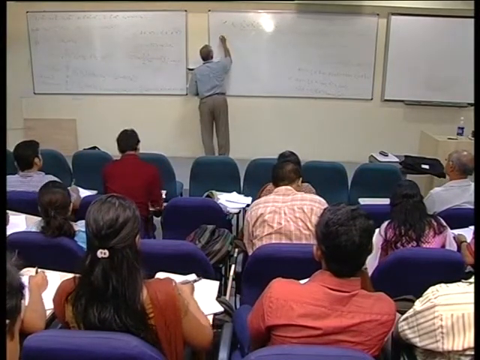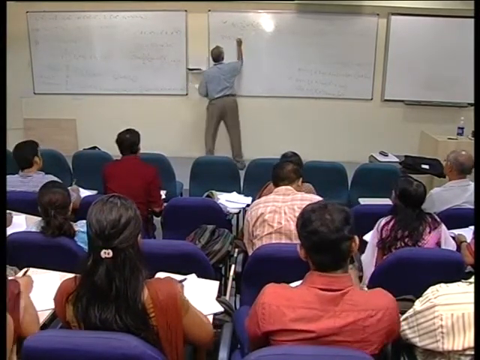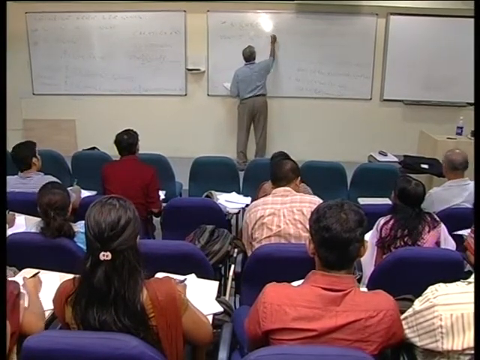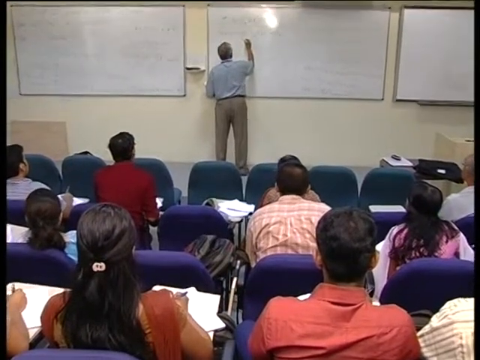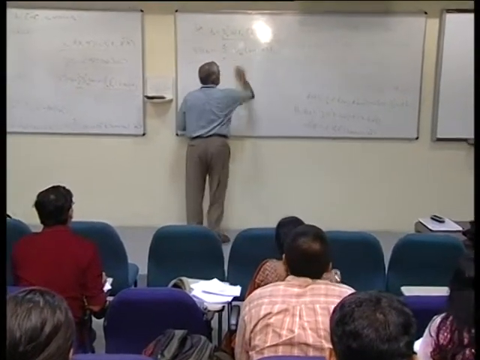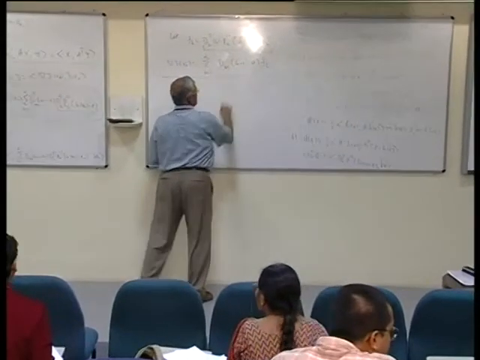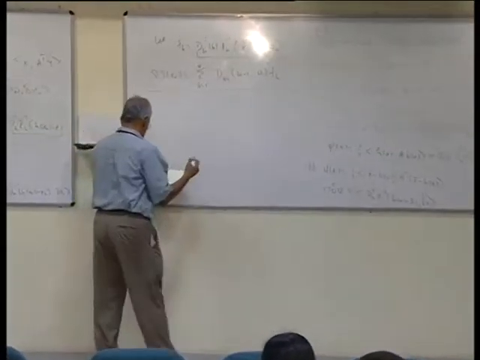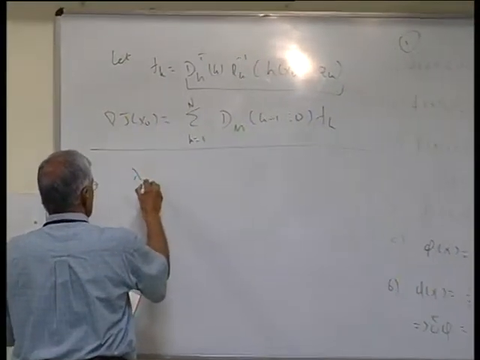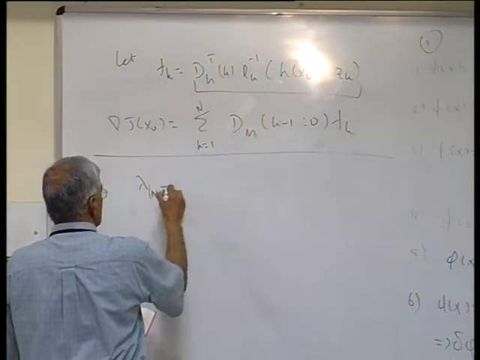So this essentially tells you delta j of x naught is equal to the summation of dm k minus 1 colon f of k. Now what is this? This involves a matrix product, but I can rewrite this in a way that does not, and that gives rise to the following. Now define lambda n to be fn.